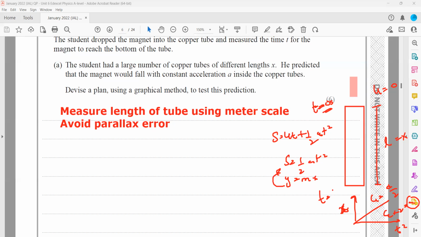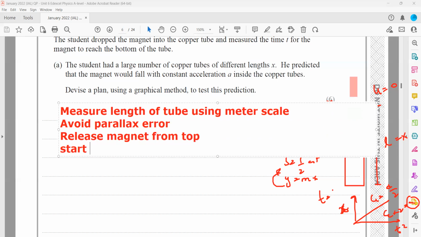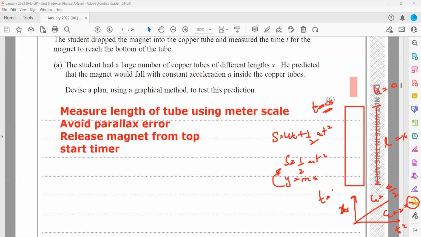This acceleration is not due to gravity; we have to show that the acceleration is constant. So the gradient times 2 will give us the acceleration. So we measure the length of a tube using a meter rule, and we avoid parallax error. Then we release the magnet from the top and start the timer.